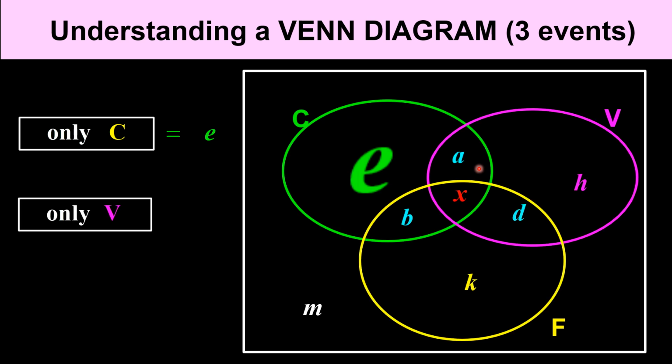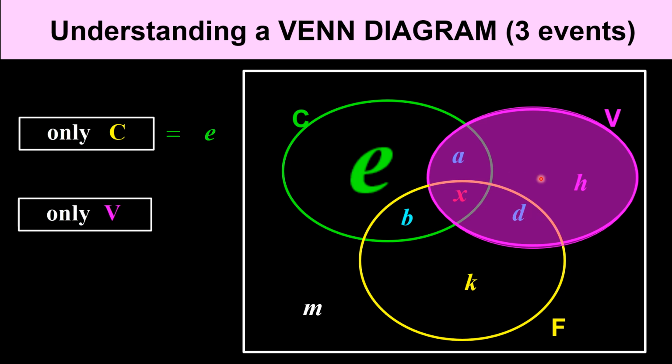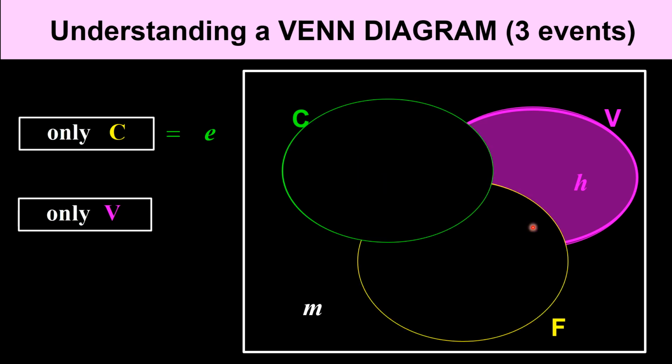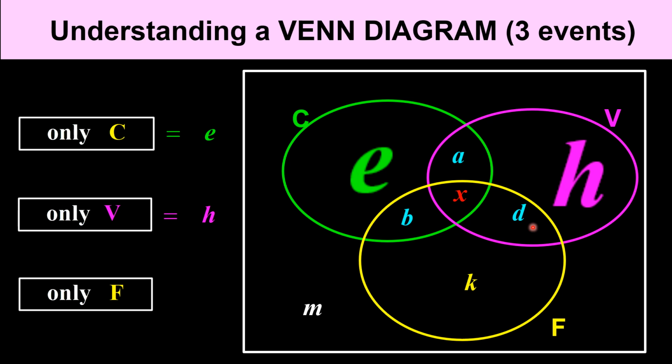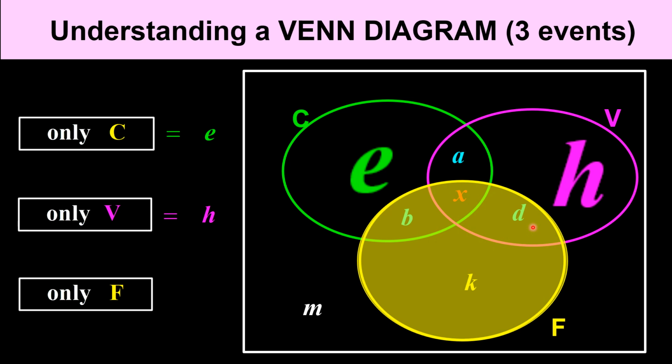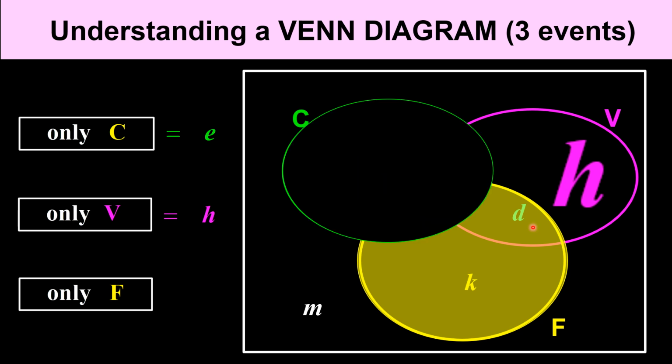Now if I take the next one, only V, you see there are parts that are not only V. The A, the X, and the D belong to others as well, to chicken and fish. So I remove the fish part, and I remove the chicken part, and that leaves me with only V. In this case it's represented by the region H, so only V is H. Similarly, only F consists of B, X, D, and K, but B, X, and D are not only F, they belong to others as well.